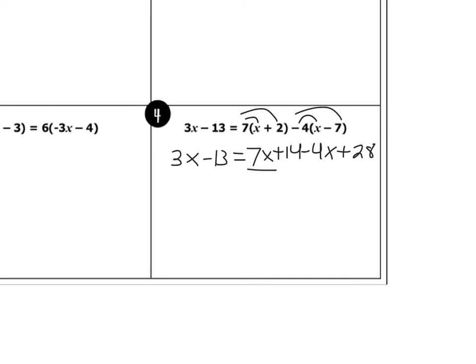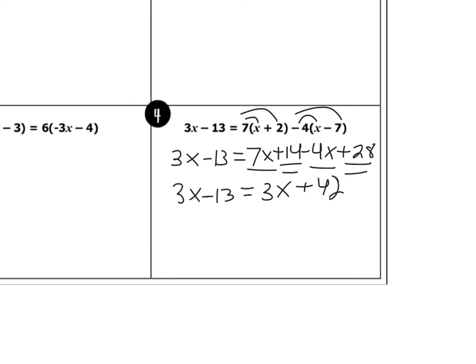So we have 7x and negative 4x, and we have 14 and 28. So 7x minus 4x would be 3x, and 14 plus 28 would be, I'm sorry, I meant 42. It would be 42.